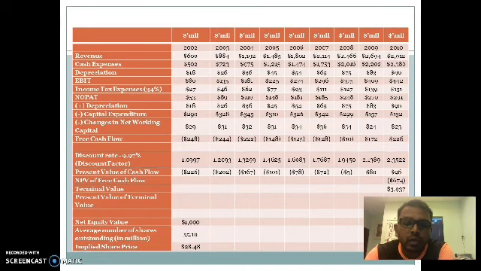The net equity value is the present value of the terminal value, 1,674 million, minus the net present value of the free cash flow, negative 694 million. So we get a net equity value of 1,000. The average number of shares outstanding is 35.1 million shares, and the implied share price is $28.48.